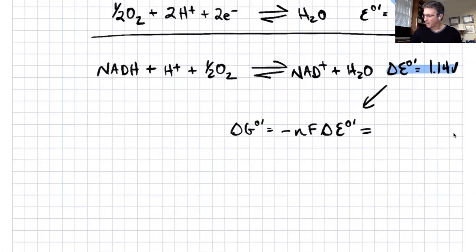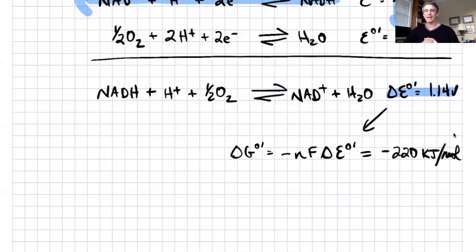What you find is that the delta G naught prime for oxidation of NADH, with molecular oxygen and a proton serving as the oxidant for reduced NADH, is a free energy value of minus 220 kilojoules per mole.